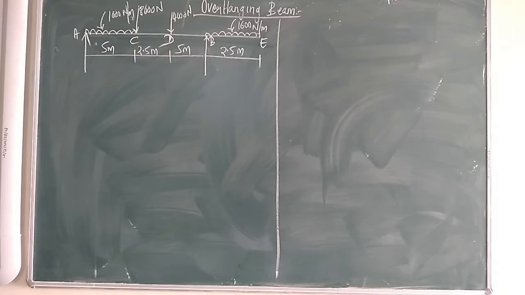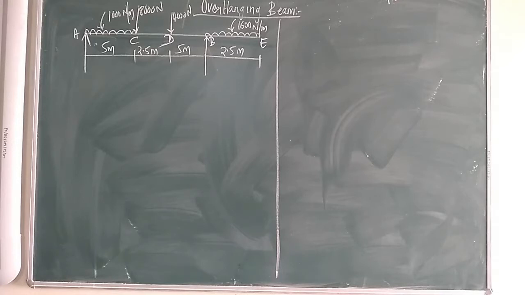A point load is acting at a distance of 5 meter from support A, that will be point C, and that is 8000 Newton. Another point load is acting at the center of the beam, that is 4000 Newton.